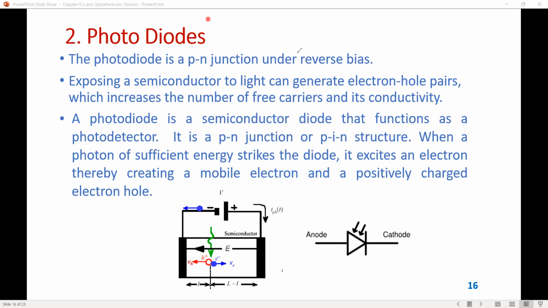See, how do we use it? We use it in a reverse bias. Exposing a semiconductor to light can generate electron hole pairs, which increases the number of free carriers and its conductivity.